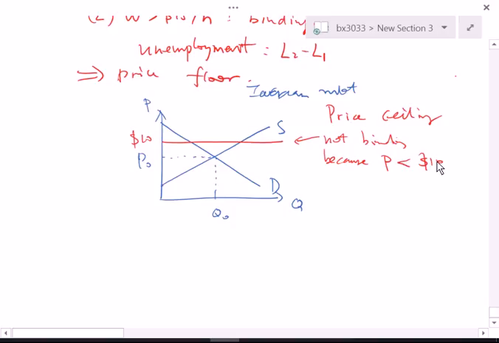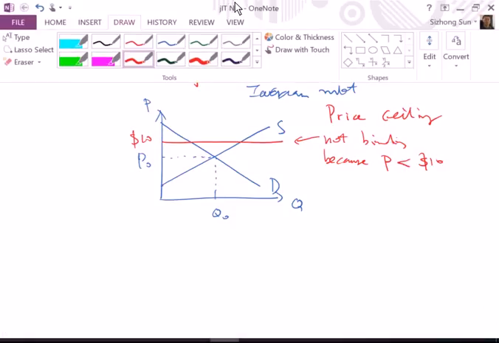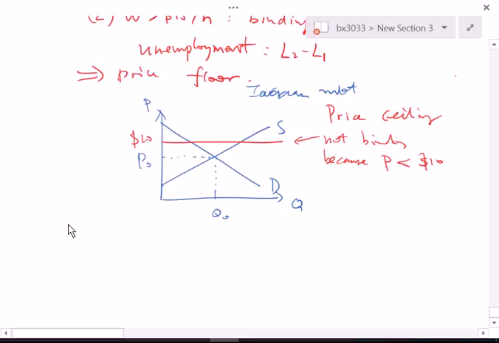However, if I say the price of ice cream cannot be higher than $2, then this is binding. This price setting is binding as it affects the market equilibrium.